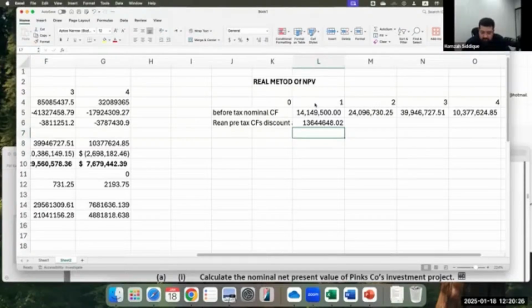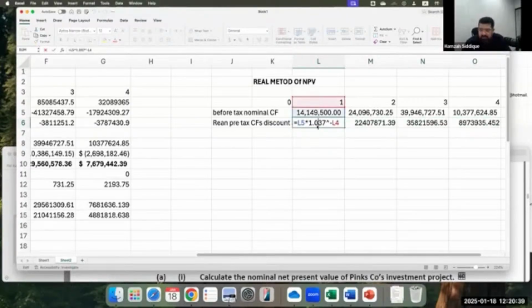Here we go. Now, so discounted, now the real cash flows.